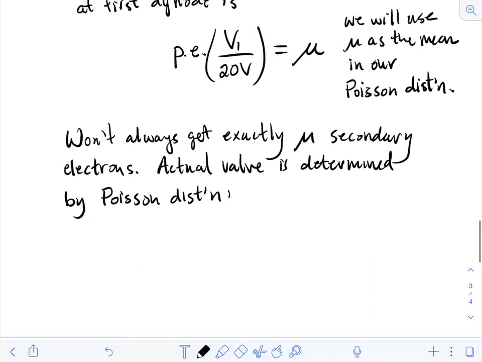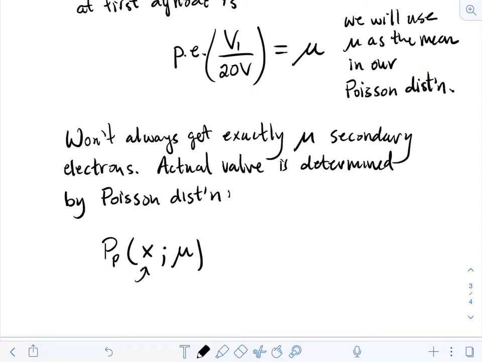And so let me remind you of what that distribution looked like. The Poisson distribution had 2 parameters. One was x and one was mu. So mu is already the mean that we calculated above.